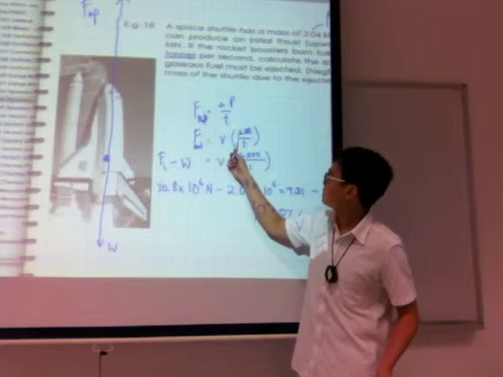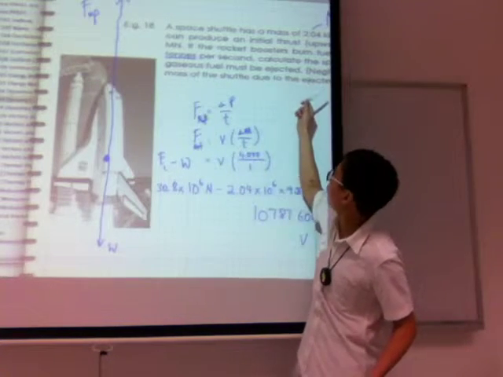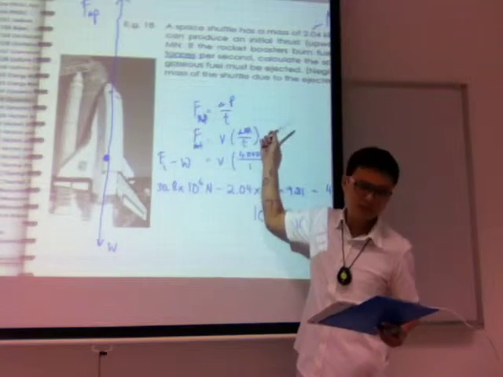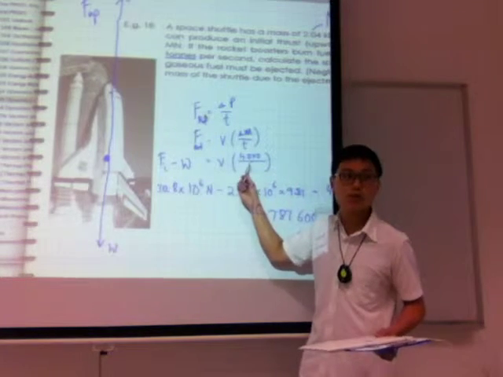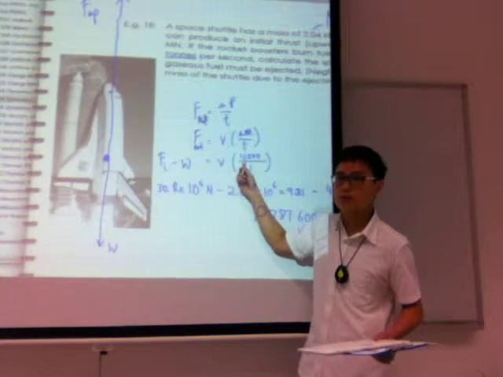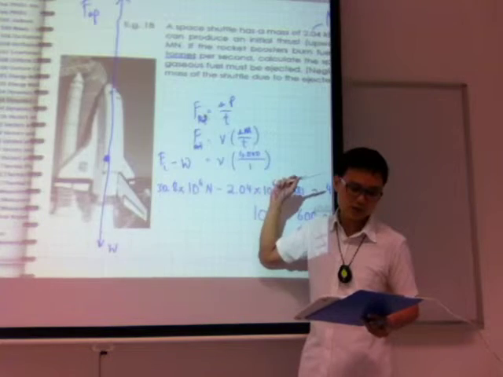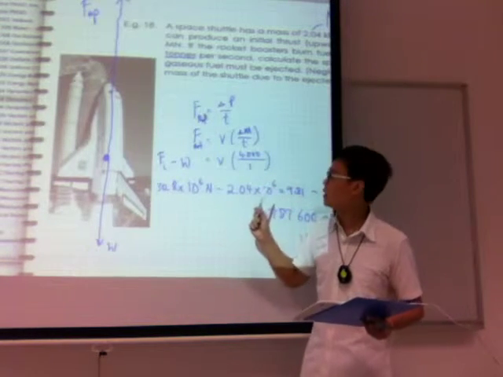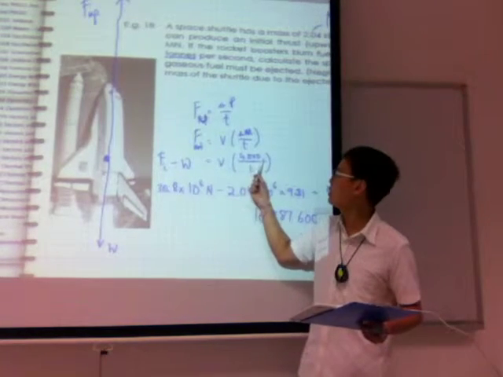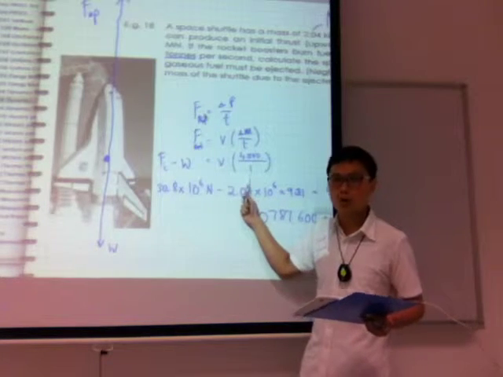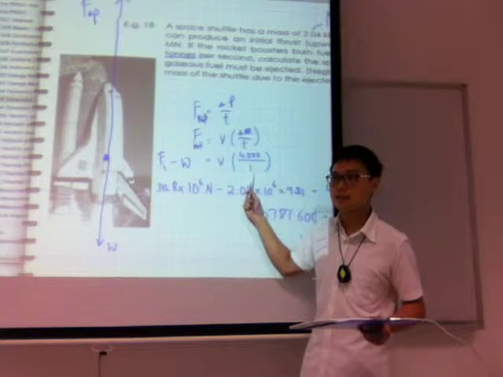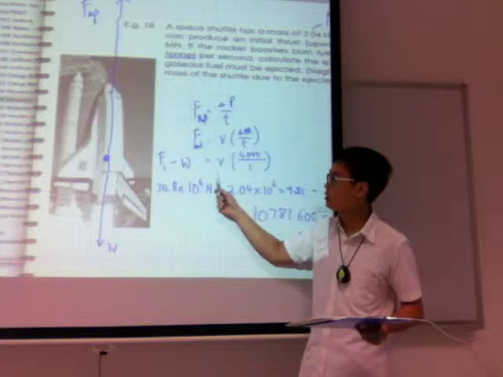So this change in mass is just the 4 tons that dropped out. But this is over time. And because they already give you that it is 4 tons per second, it's 4,000 kilograms over 1 second. Understand? SI unit, everything SI unit.